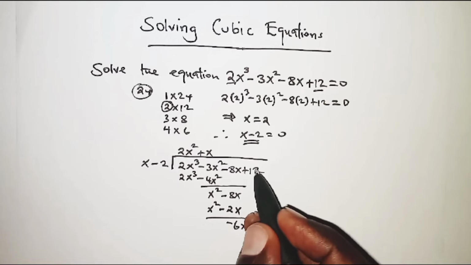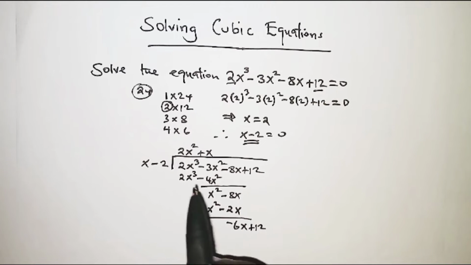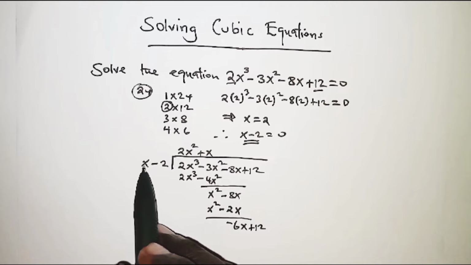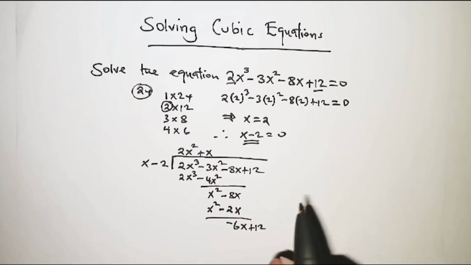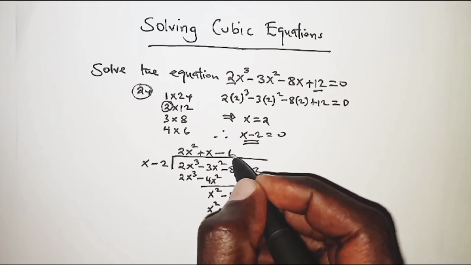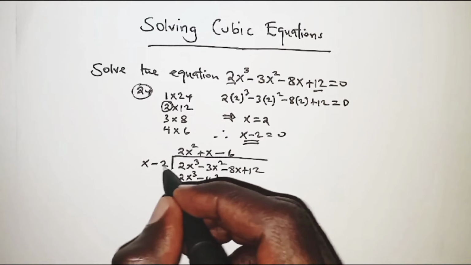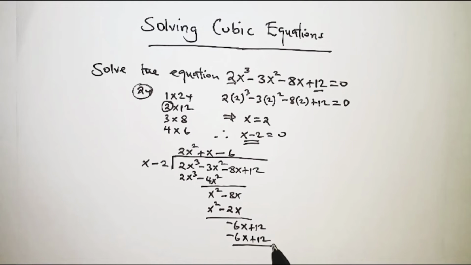And then bringing positive 12 down, we have plus 12, and then x minus 2 into negative 6x plus 12, so it goes there, minus 6 times, and 6 by x minus 2, that is minus 6x plus 12, and finally subtracting, we have 0.